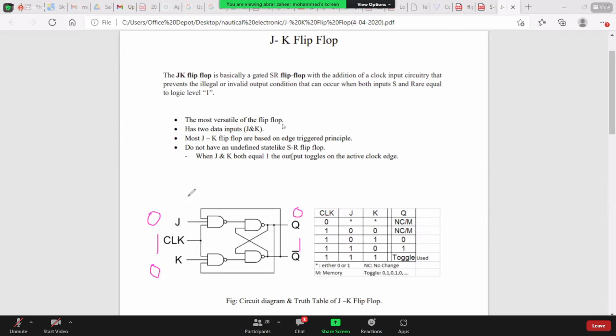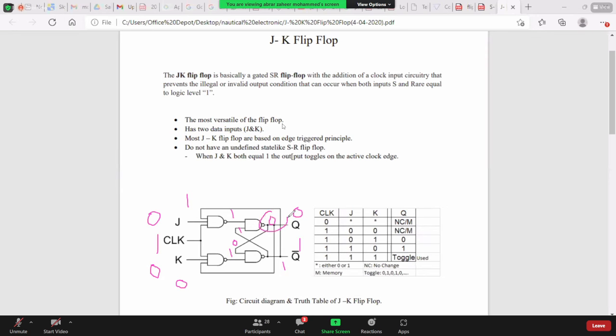So this 1 will go here and this 0 will come here. 0 into 1 into 1, 1 into 0 into 1, the output here will be 1, and 1 into 0 into 0, output here also is 1. Suppose this 0 will come here, 0 into 1, here 1, this one will go here, 1 into 1, output is 0.